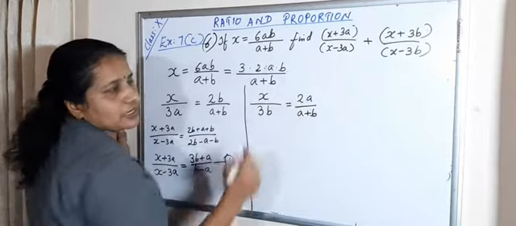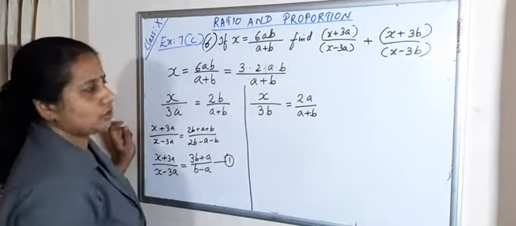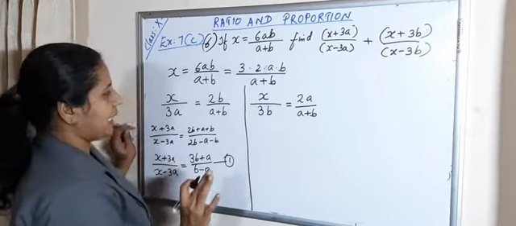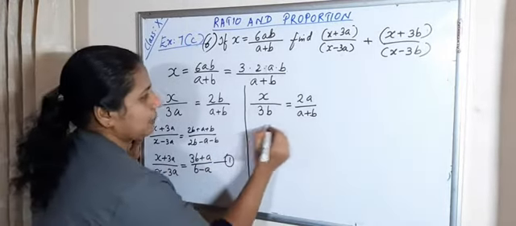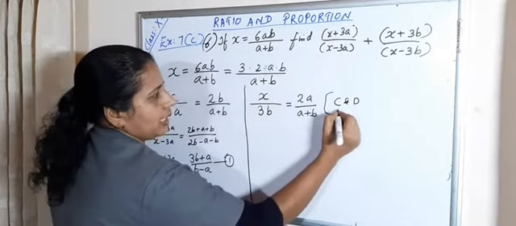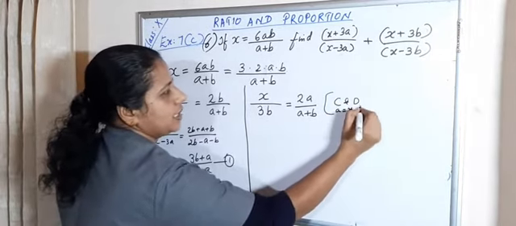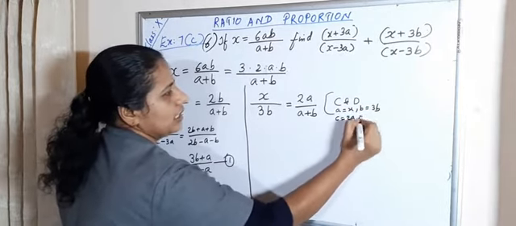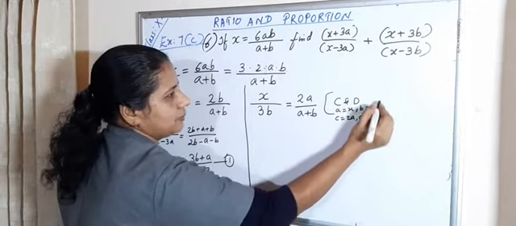Because 3b is there, I am taking 3b to the LHS side. Applying componendo and dividendo, A is equal to x, b is equal to 3b, c is equal to 2a, d is equal to a plus b.